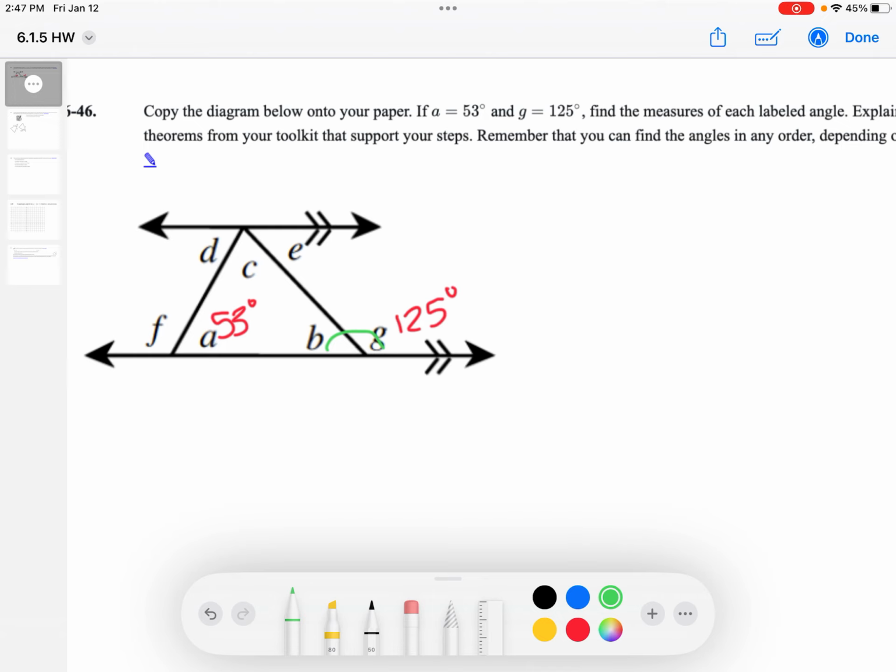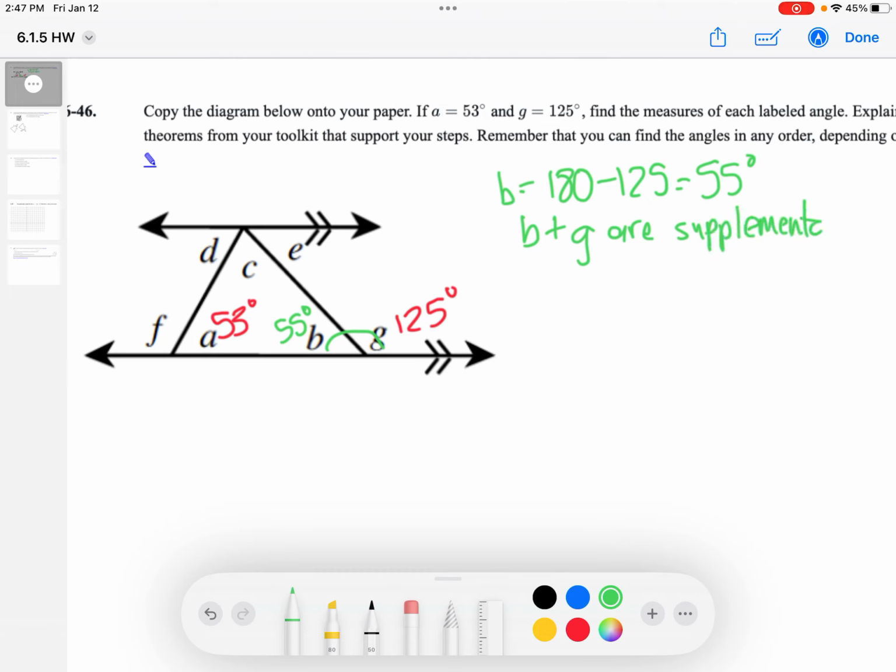So B is going to be 180 minus 125, which is 55 degrees, because B and G are supplementary.